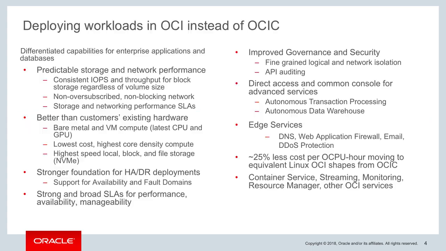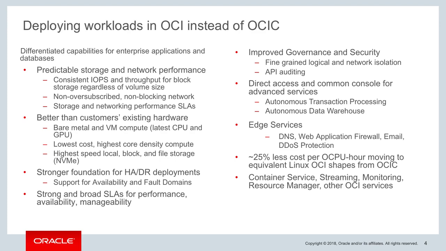Let's get started. Let us now look at why customers should consider migrating their workloads from OCI Classic to OCI. The OCI infrastructure has differentiated capabilities for enterprise applications and databases. It gives predictable storage and network performance, and we do this by providing consistent IOPS and throughput for block storage regardless of volume size.